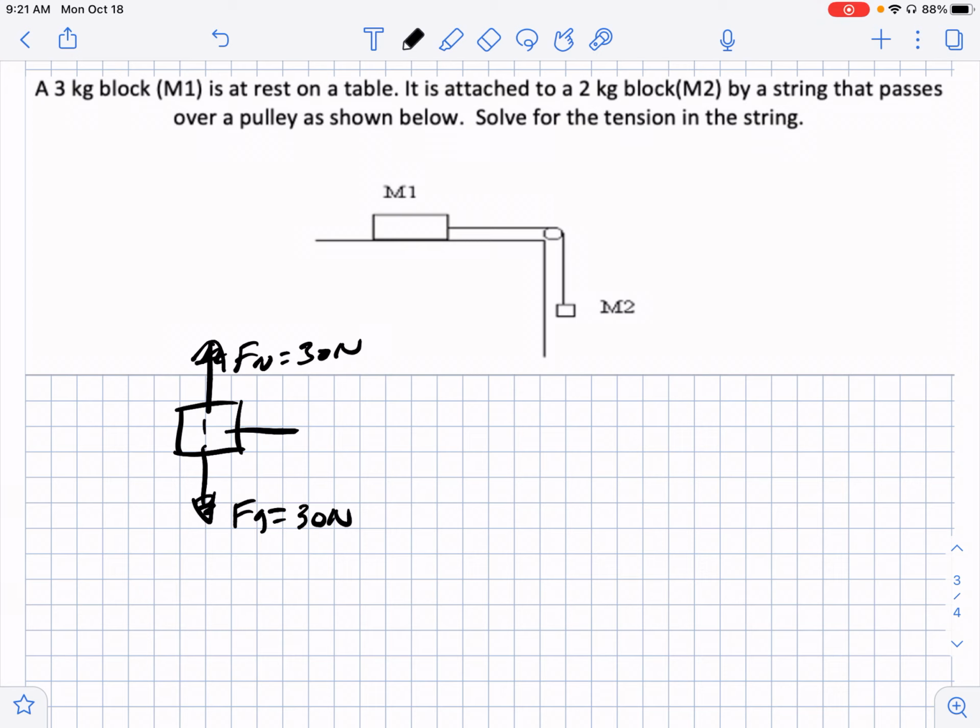And then there's this tension to the right. And then for the other block, we'll make that one block 2. You have the mass is 2 kilograms, so that means your Fg will be a little bit shorter, and it's 20 newtons. You have your Fg here going down.